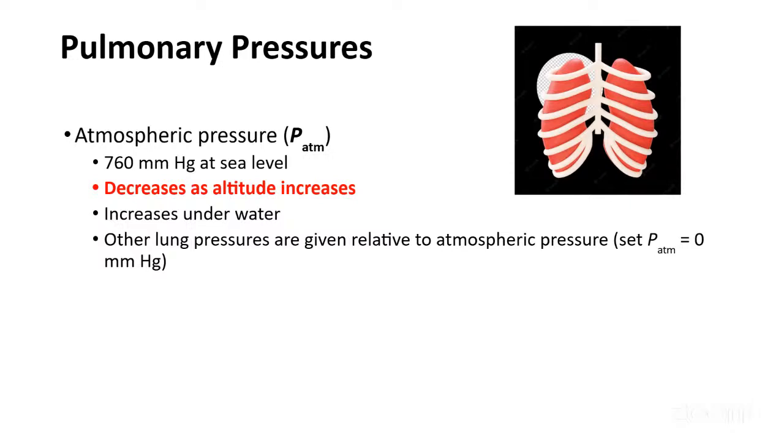So we're setting our atmospheric pressure, whatever it happens to be, usually 760, to 0. So when I tell you the intraalveolar pressure is 1, what I'm saying is its absolute pressure would actually be like 761, but we only care about how different it is from our atmospheric pressure. So we just give our relative pressure. If we have 1 little millimeter of mercury difference, we just give that pressure as 1.